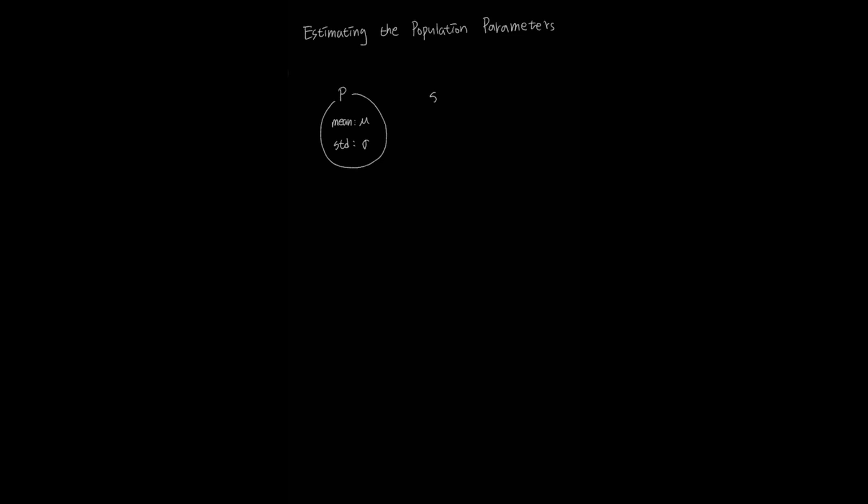So let's take some sample, n number of samples. We took samples from the population with replacement to make every element's probability of being picked the same, and of course random.